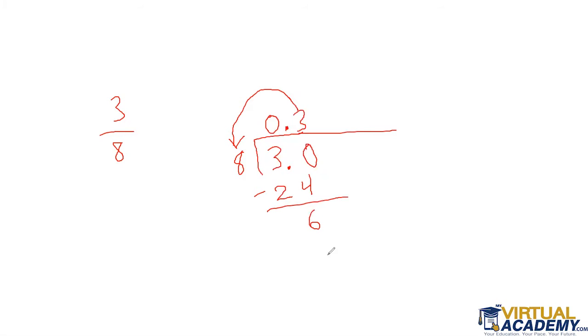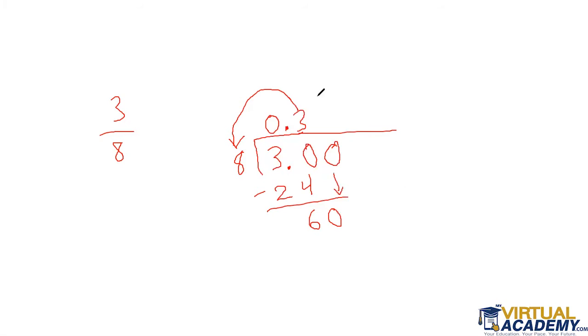Notice that we have a non-zero remainder, okay? We did not get 0. So we have to keep going here. We have to create another 0 up here, and then bring down that 0. All right. So now it's, how many times does 8 go into 60?